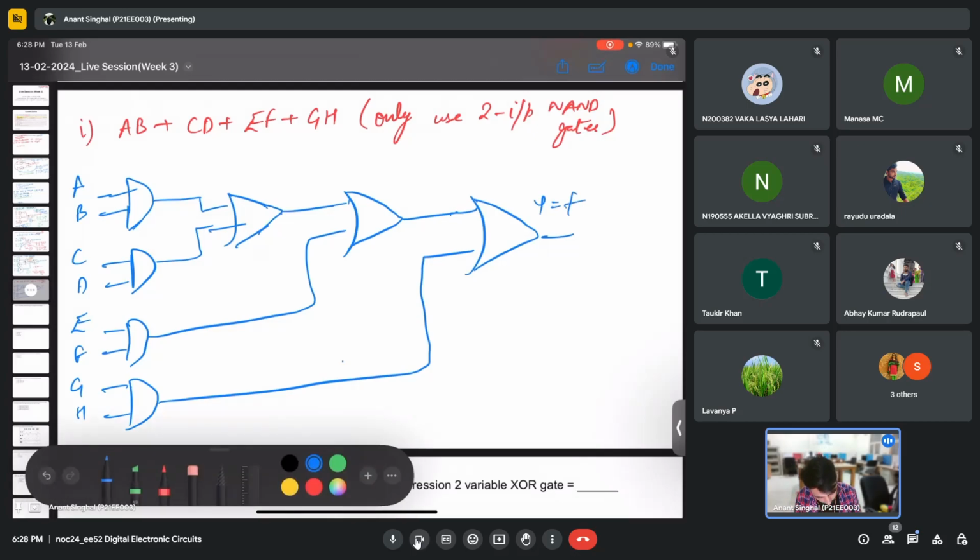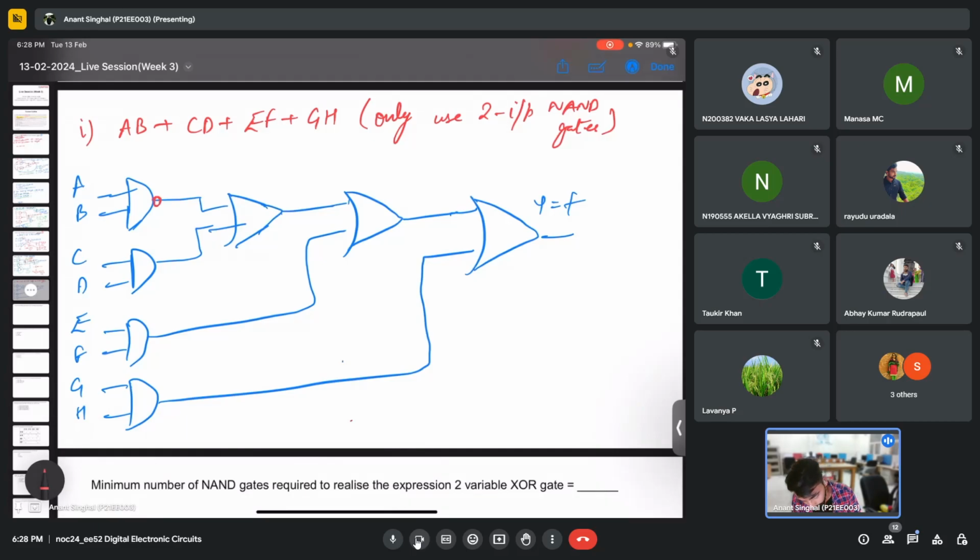And again doing the same thing, I can use a bubble here, bubble here. This is fine, nothing is wrong here. I can use a bubble here, but to use a bubble here I need to add an additional AND gate here. Similarly, I can use a bubble here and a bubble here. Now to add an additional bubble here, I can again use an AND here.